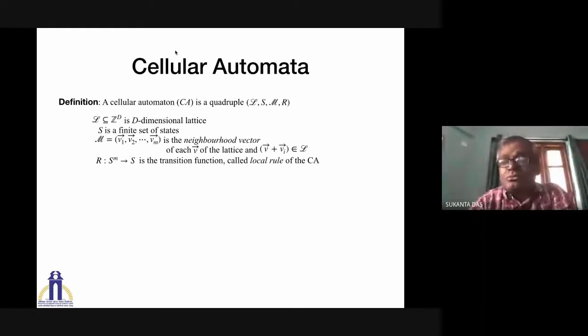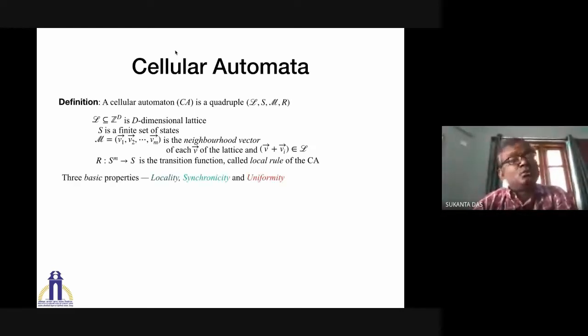So now, sometimes we identify three properties of a cellular automaton. These are locality, synchronicity, and uniformity. What is locality?